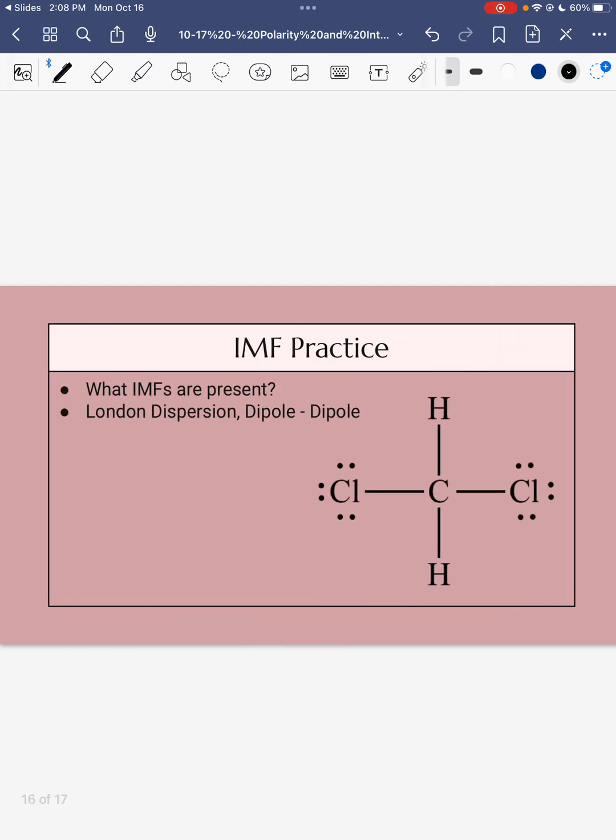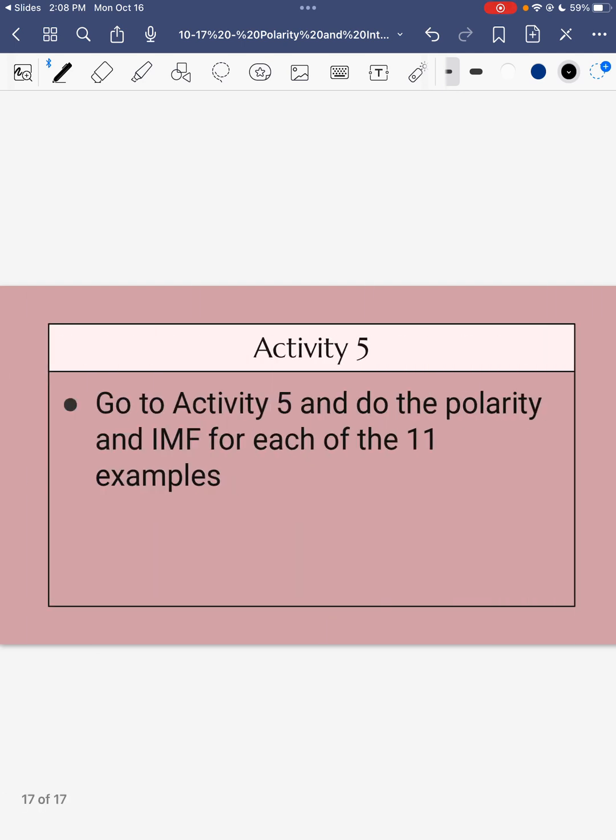And lastly, we have a polar molecule where there is no hydrogen being attached to a nitrogen, oxygen, or fluorine, which is indicative of a hydrogen bond. And therefore, we have London dispersion forces, which are present in all molecules, and dipole-dipole forces, which are present in all polar molecules.